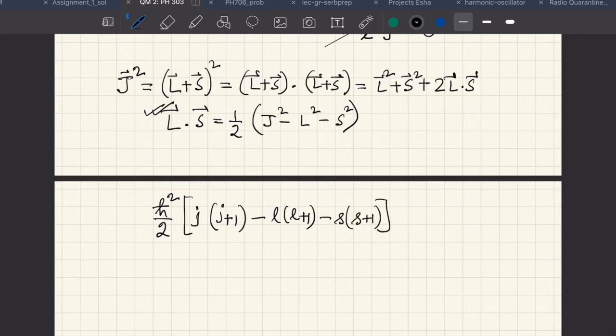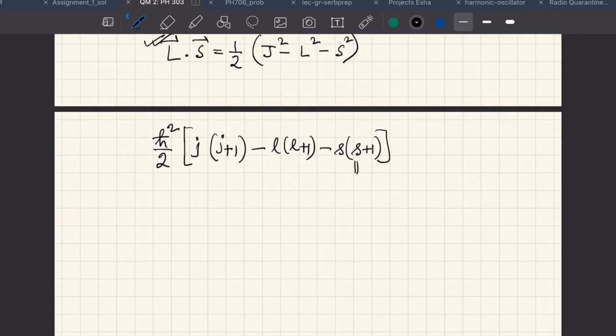But S is always fixed, S is half, therefore I can safely write this whole object as 3 by 4. So in the coupled basis, this is the eigenvalue of the L dot S operator.